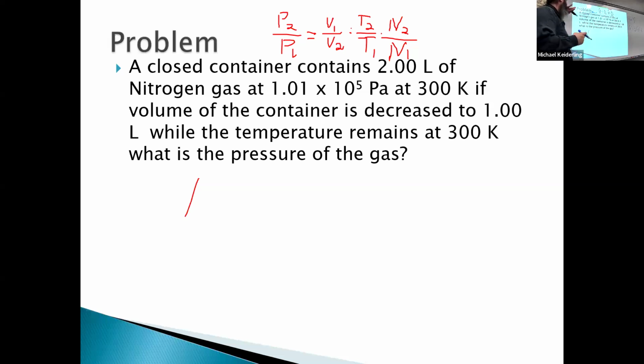If the volume of the container is decreased to 1 liter while the temperature remains at 300 Kelvin, what is the pressure of the gas? So we're starting with 1.01 times 10 to the 5th pascals in 2 liters, and we're squeezing it down into 1 liter. So what happens to the pressure of the gas? I'll give you a couple of minutes to work that out.